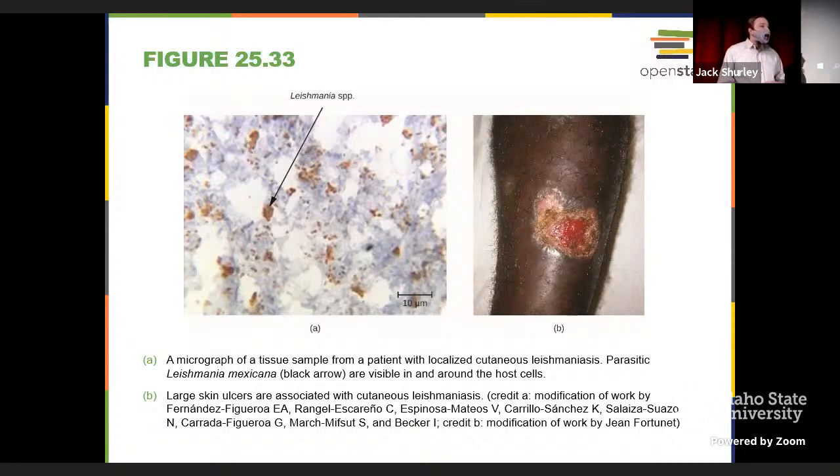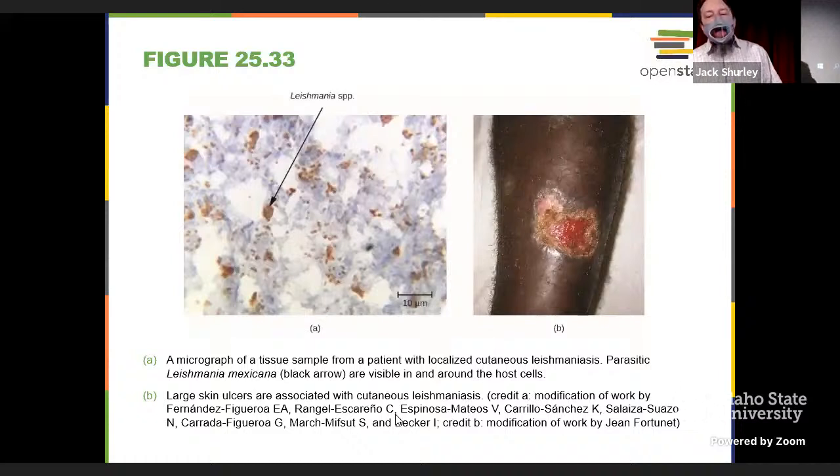They live right inside the vacuoles that should be destroying them, and they replicate and proliferate, causing the macrophage to explode, releasing more amastigotes to turn around and infect more macrophages. It's a brilliant mechanism to stick around within us.